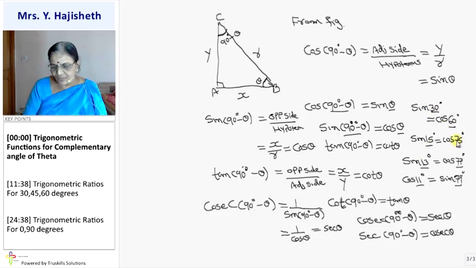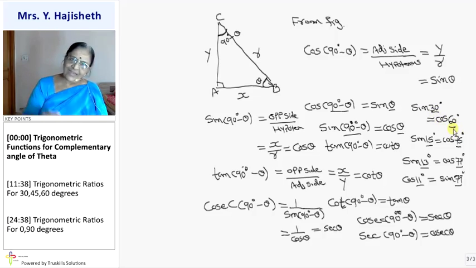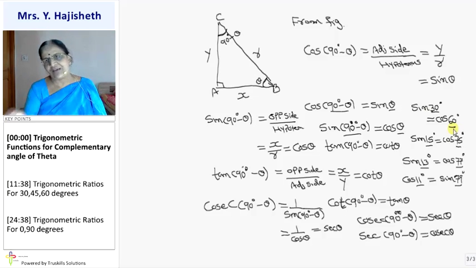Similarly, tan 30 is cot 60, cot 30 is tan 60, cosec 30 is sec 60, and cosec 60 is sec 30. So sin and cos are equal when two angles are complementary, tan and cot are equal when angles are complementary, cosec and sec are equal when the sum of their angle is 90.